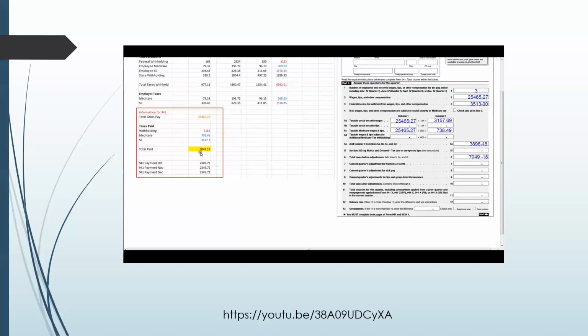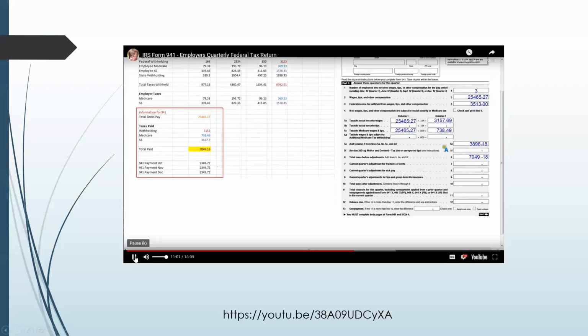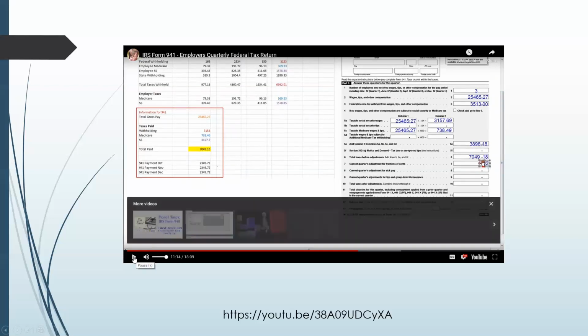Notice that we paid $7,049.16 through our deposits, and the total tax due is $7,049.18. So there's a 2-cent discrepancy there, and that's where we're going to note that 2 cents. So here we're going to have a negative 2 cents. We paid less, 2 cents less than what we're calculating on.